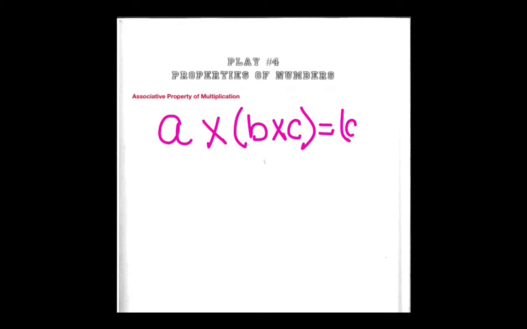Okay, the next one is the associative property of multiplication. Very same as the associative property of addition, except with multiplication. This just says that A times the quantity B times C equals the quantity A times B times C. You can change the grouping. Remember, associate means group. Okay, I'm going to actually write that up here.